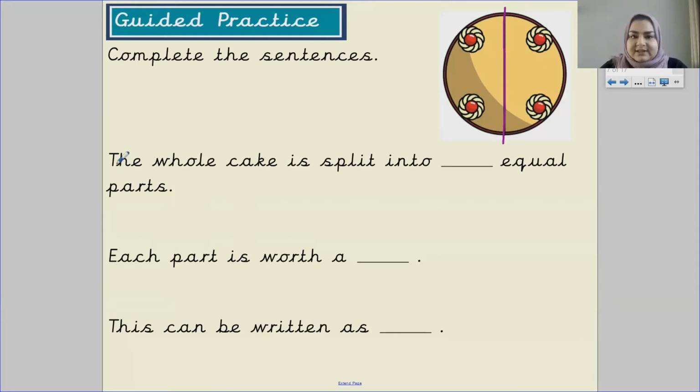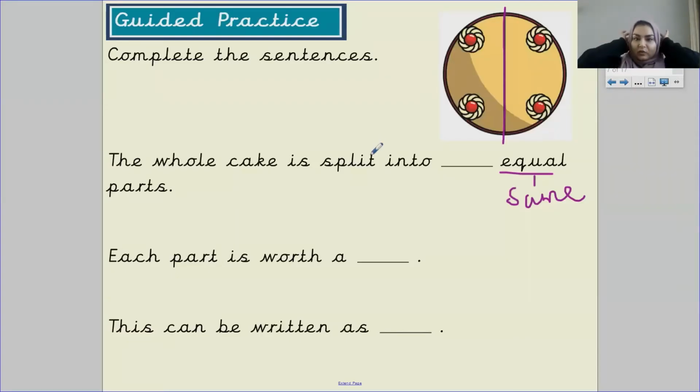The first one says, the whole cake is split into something equal parts. Remember, equal means same. Each part is worth something. This can be written as something. If you just work this out for me now.